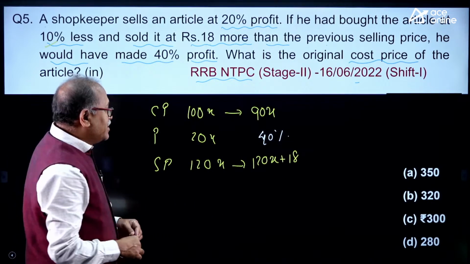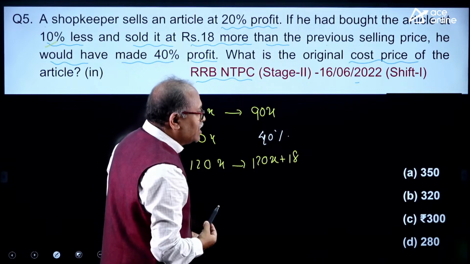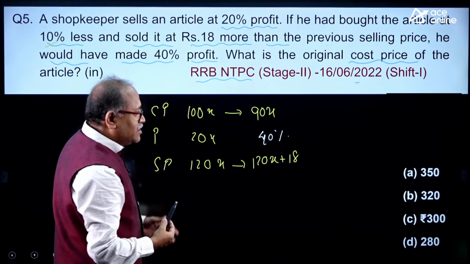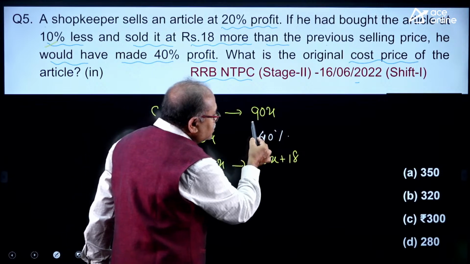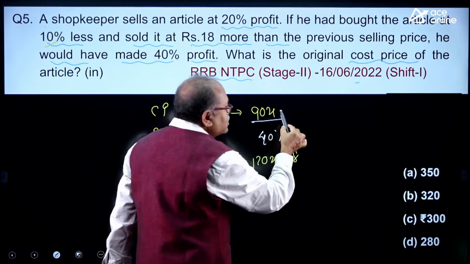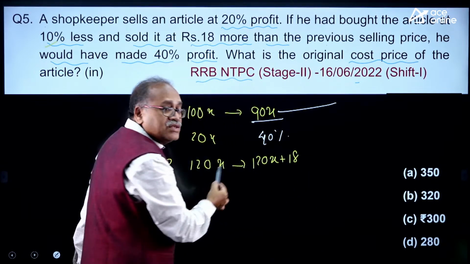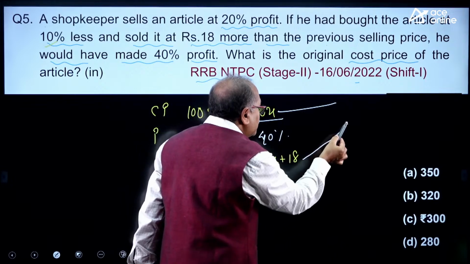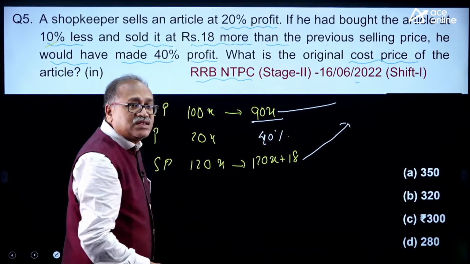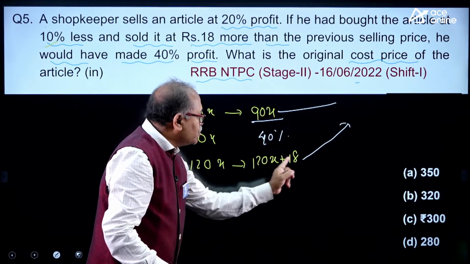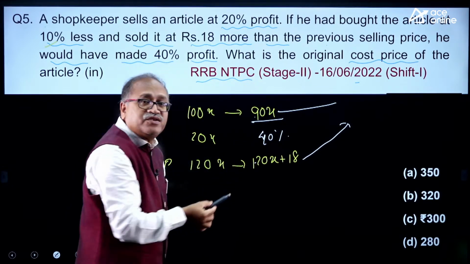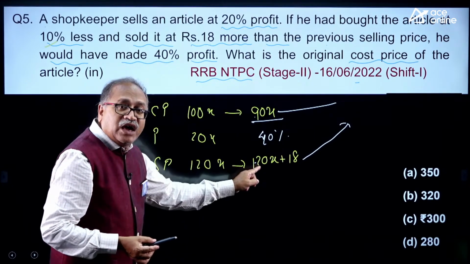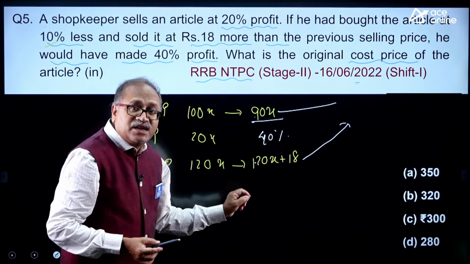Now, my dear friend, please tell me how we calculate these values. Can you see here it is 90x, and this is 120x plus 18. From this selling price, if I take out the cost price 90x, I will be left with 30x plus 18.